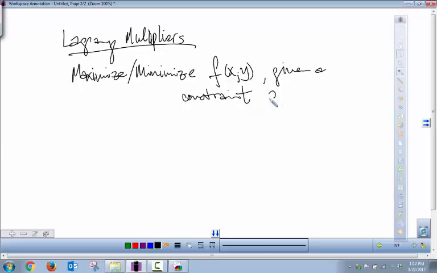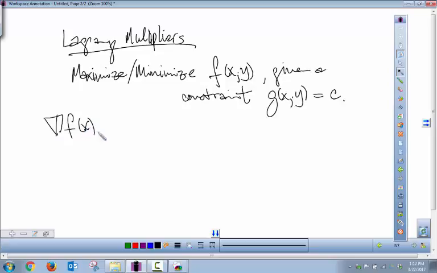And then we're going to describe the constraint as a function that's equal to a constant. And what you're going to do is you're going to assume that the gradient of the function is parallel to the gradient of the constraint. But the way we're going to write this is with an equation. I'm going to leave a space here.